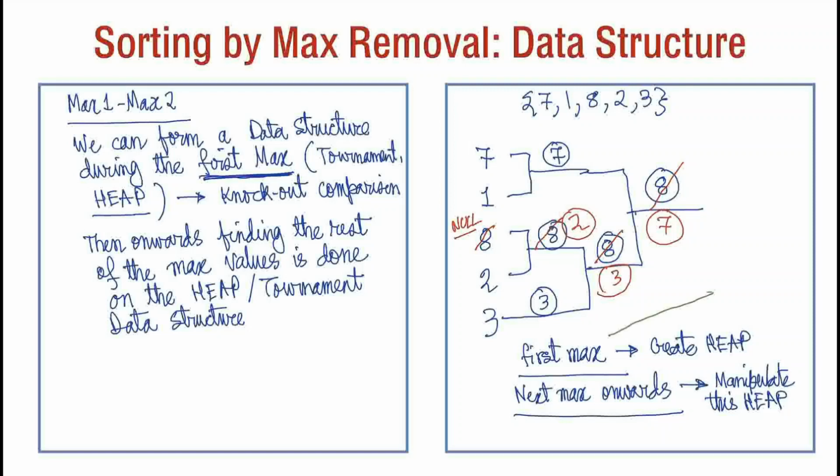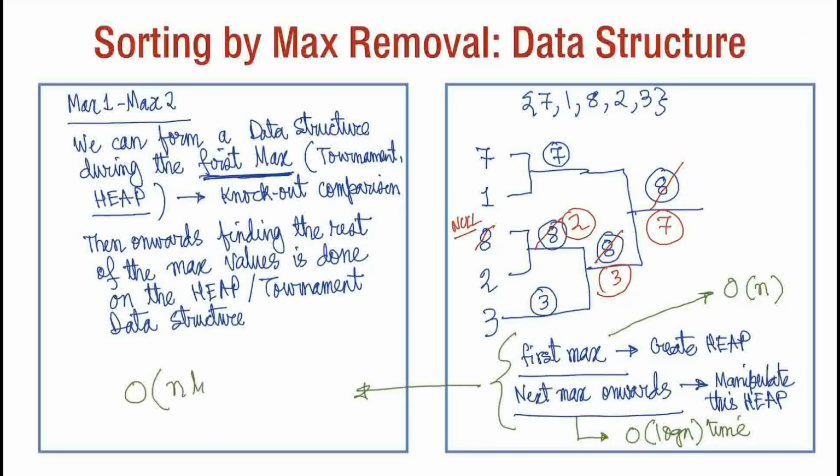The first max is computed in order n time, and all the rest of the maxes are computed in order log n time. Therefore, the algorithm now will become order of n log n plus n, which is the same as order of n log n.